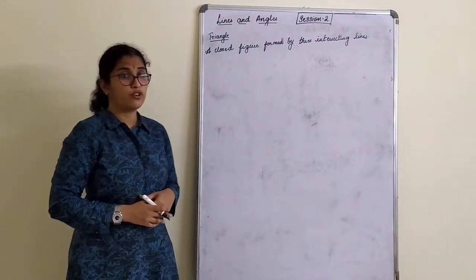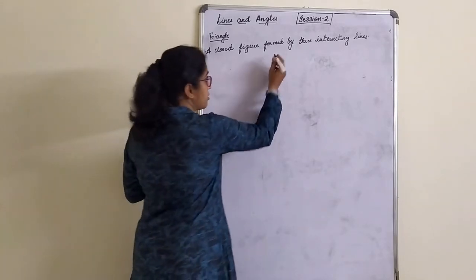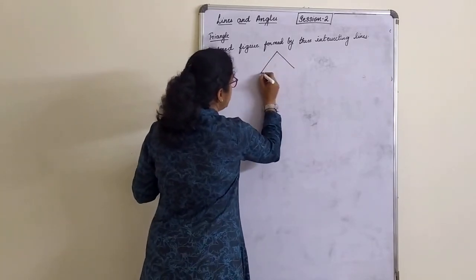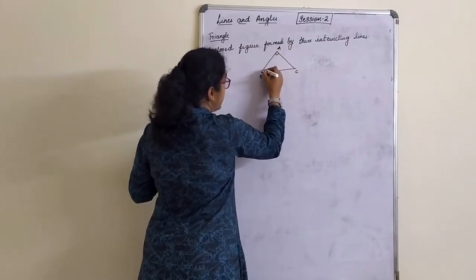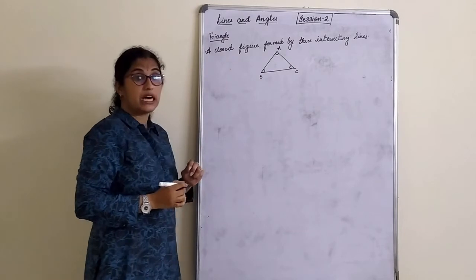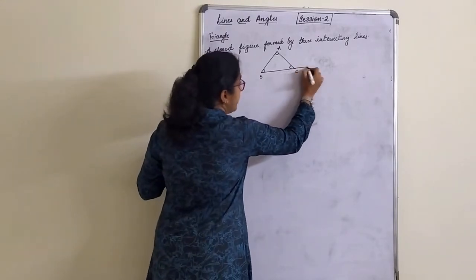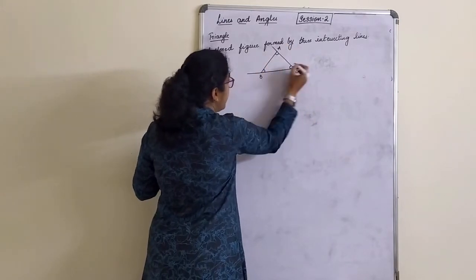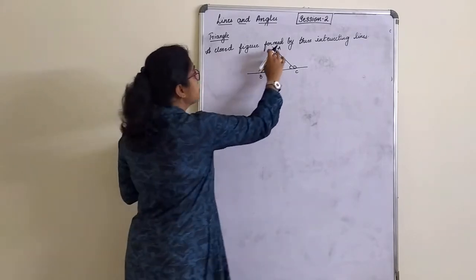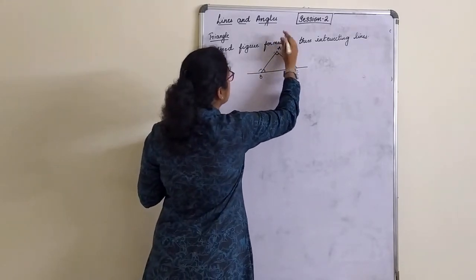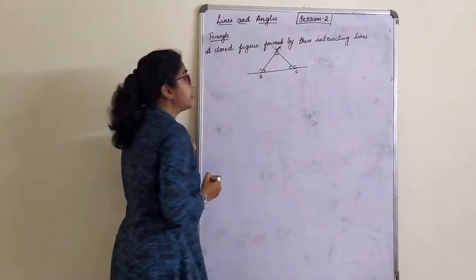So first we'll understand what is a triangle. A closed figure formed by three intersecting lines is called a triangle. So when we name it here, I can say ABC is a triangle where angle A, angle B and angle C are called interior angles of the triangle, wherein if I just extend these lines and form such angles here, these are called exterior angles of a triangle.